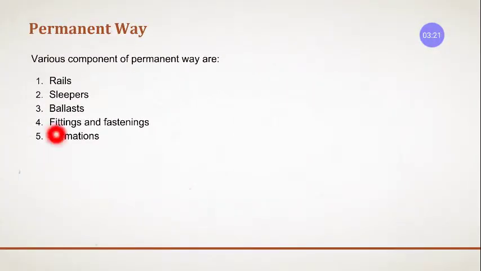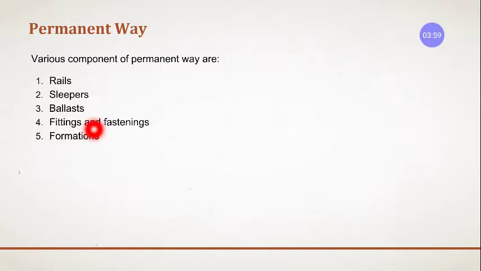The various components of permanent way are: first the rails, next sleepers, then ballast, fittings and fastenings. When you want to fit the rails over the sleepers and connect rail to rail, since the length of the rails is up to 12 meters, you have to connect those rails together along the length from the starting point to the destination point.